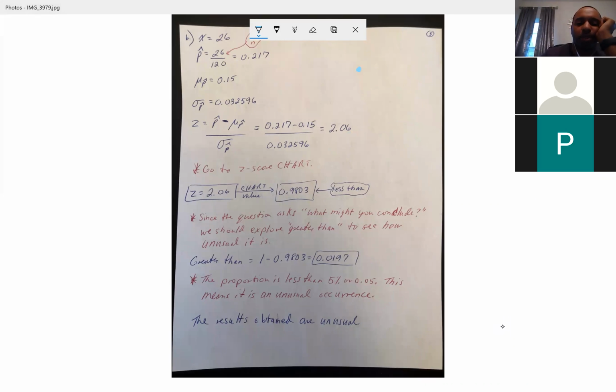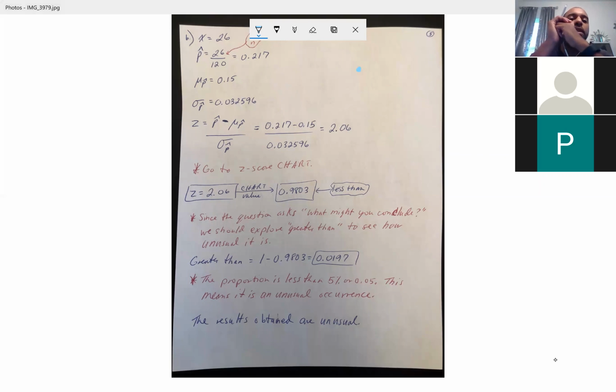All right, so for B, oh, I lost my page. So for B, they said suppose that a random sample of 120 Americans who regularly listen to music using headphones results in 26 having hearing trouble. What might you conclude?